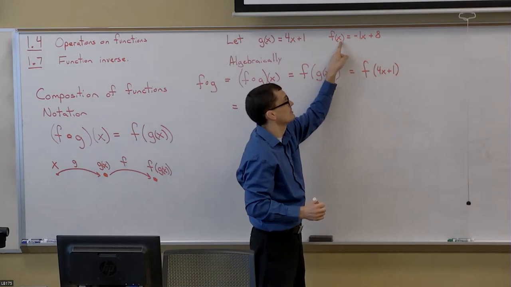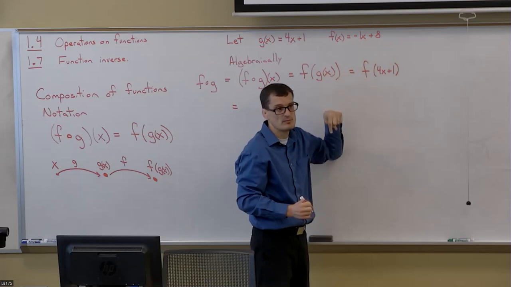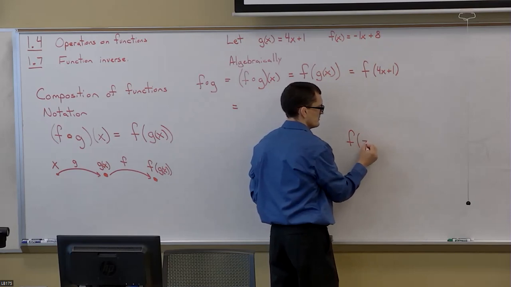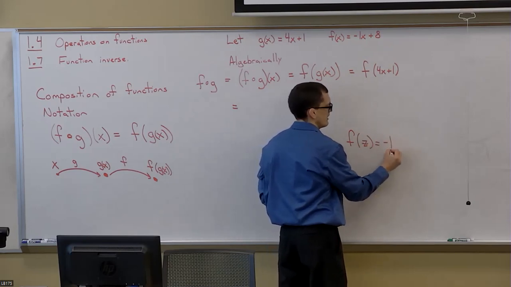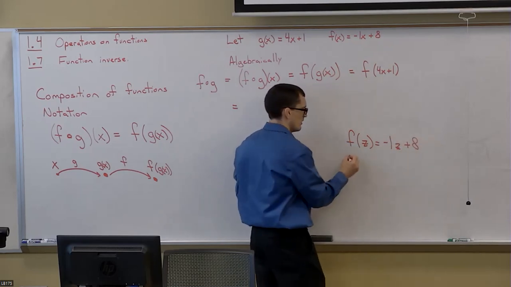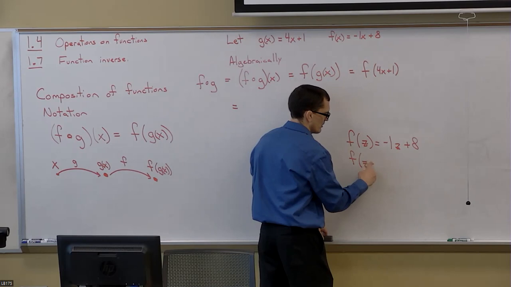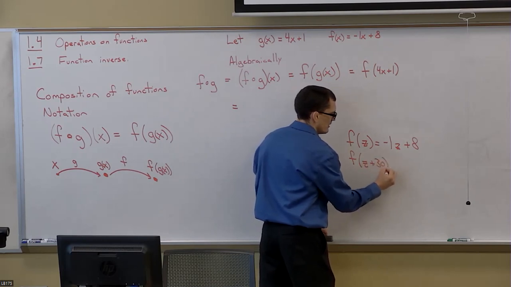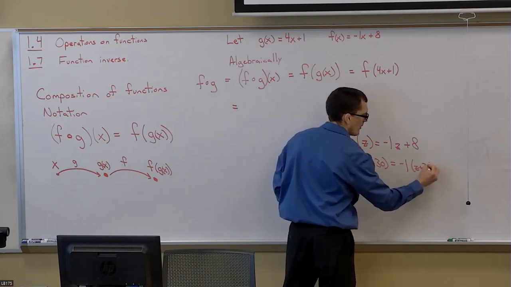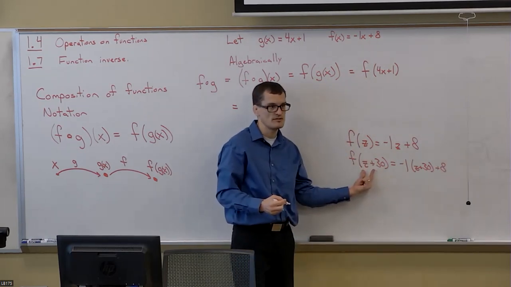If f of a certain number is negative 1 times that number plus 8, and I said, well, what's f of z? You'd say, well, it's negative 1 times whatever the number z is plus 8. And if I said, well, what is f of z plus 30, you'd say, well, it's negative 1 times whatever I plugged in plus 8. And this thing can get as complicated or as easy as we want.